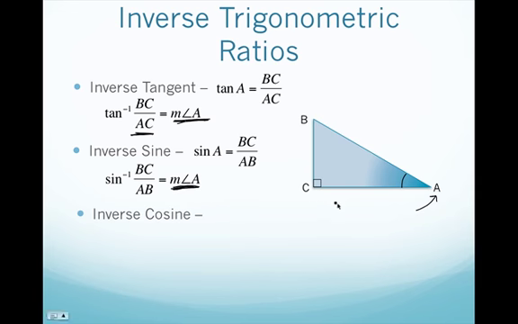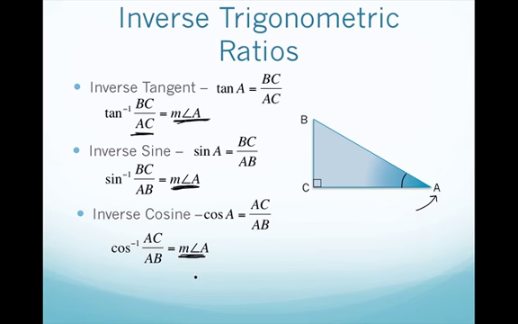Remember, cosine is adjacent over your hypotenuse, so you use inverse cosine with your ratio adjacent over hypotenuse, and that will also give you the measure of angle A. And conversely, you can do these all for angle B too. You just have to make sure that you have the right ratio set up.